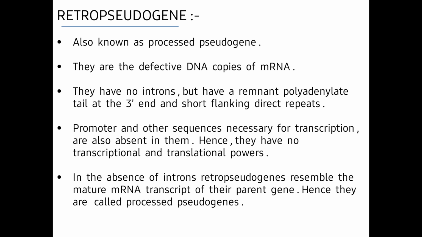And here the promoter and other sequences necessary for transcription are also absent. Before, in orphans, we said they are all present, but here in retropseudogenes they will all be absent, so there will not be any transcription or translation.